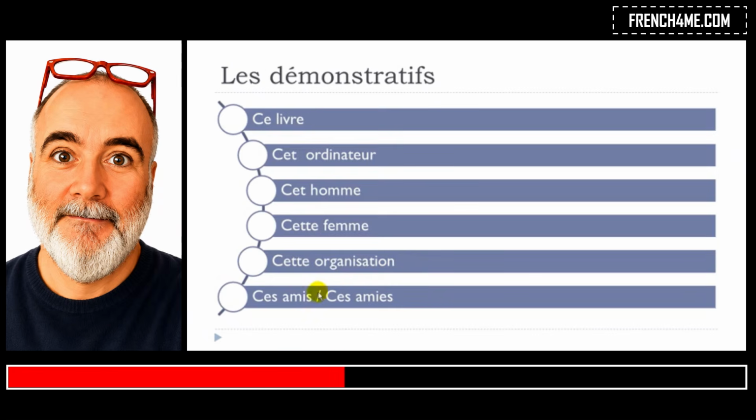And then plural, so whether it's masculine, so we've got amis here at the masculine plural form, and then amies here at the feminine plural form, okay? But then the adjective demonstrative here, as you can see, will be the same. Ces amis, ces amis.